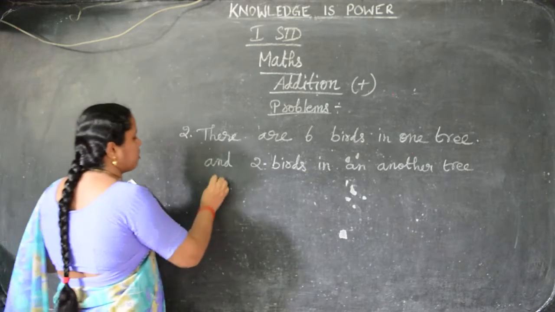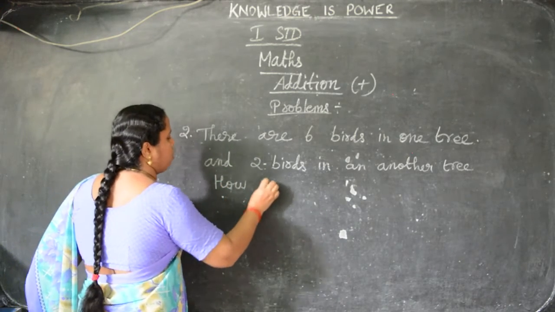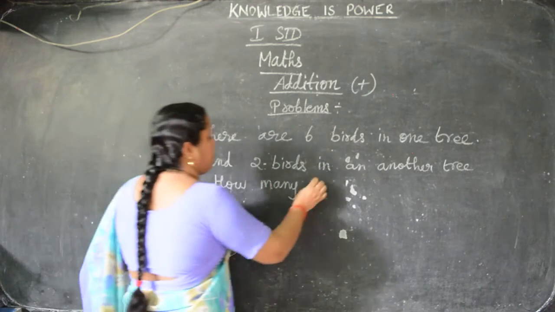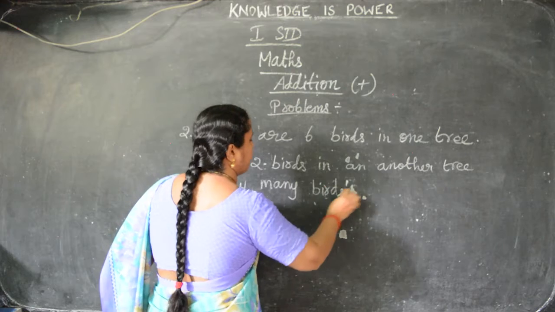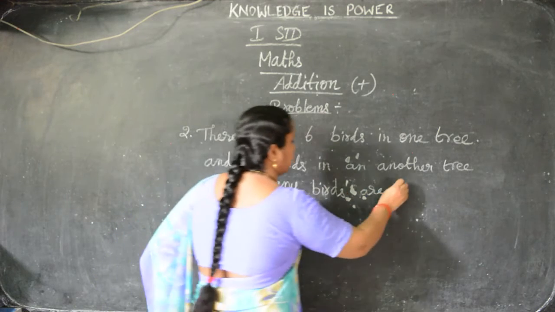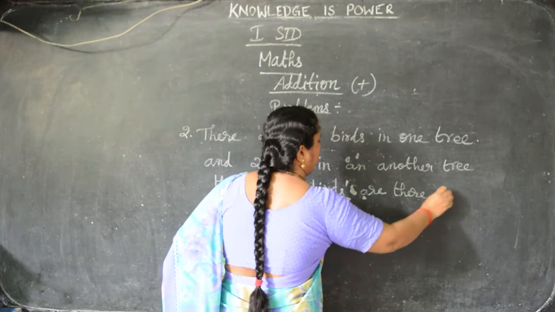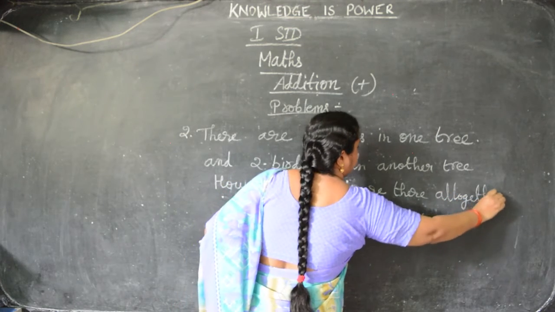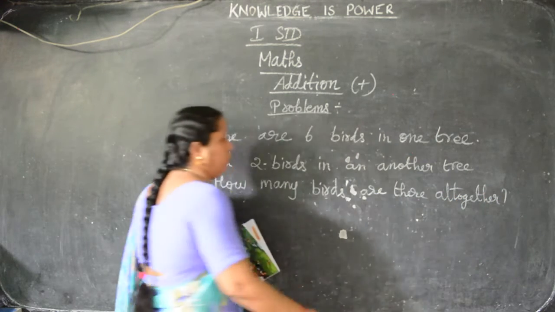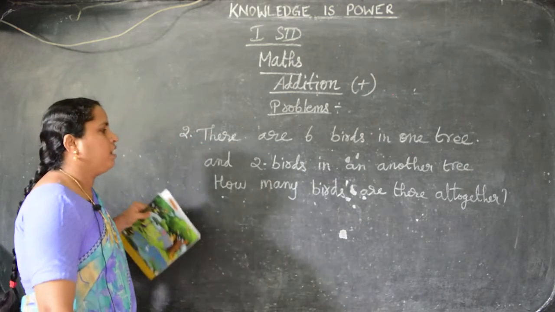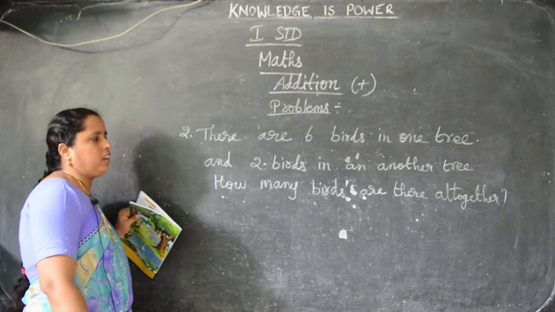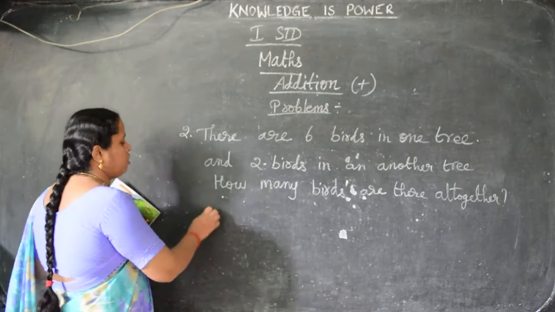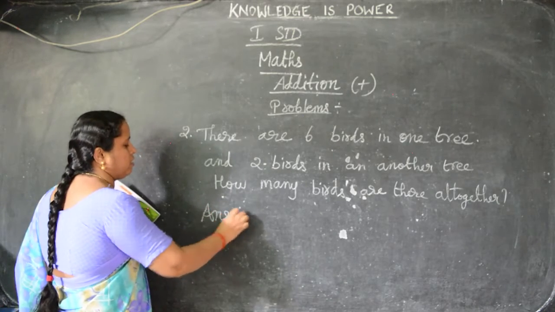How many birds are there altogether? In one tree there are 6 birds. In another tree there are 2 birds. Then altogether how many birds? This is the question. So you should write the answer.